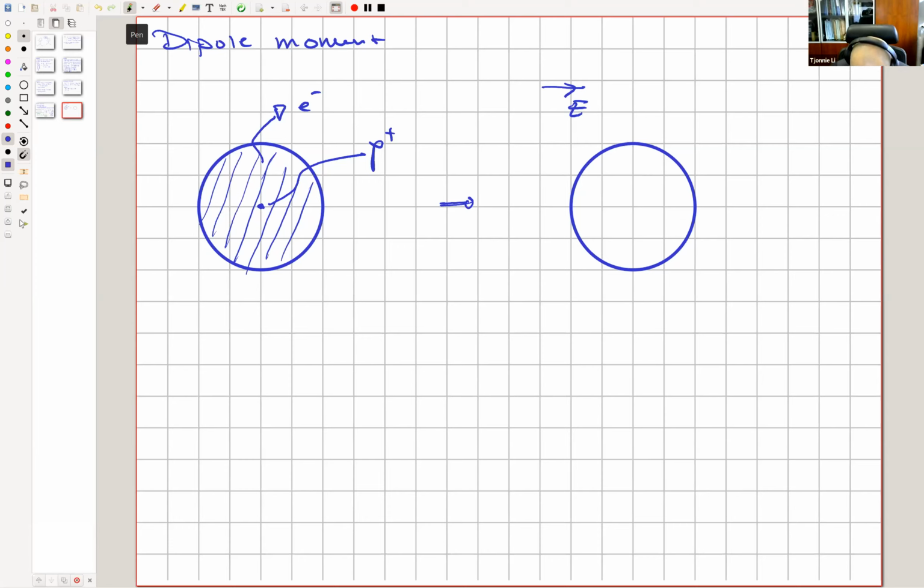But nevertheless, we can draw the situation in such a way that this is the old center, and now the positive nucleus has moved with respect to the electron cloud. So again, in blue we still have the electron cloud, but now the positive nucleus has moved.